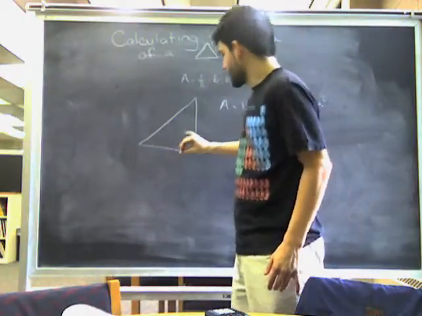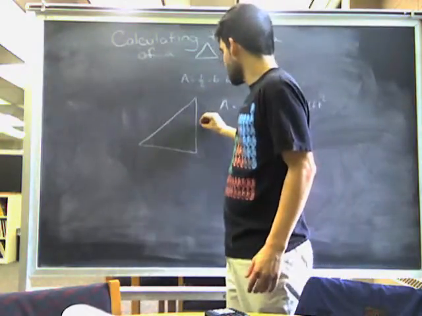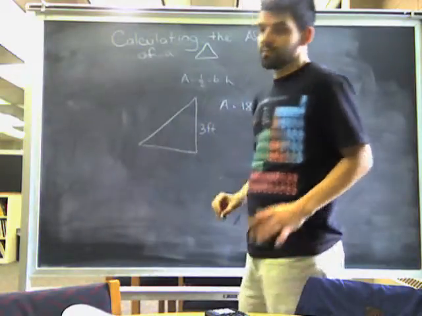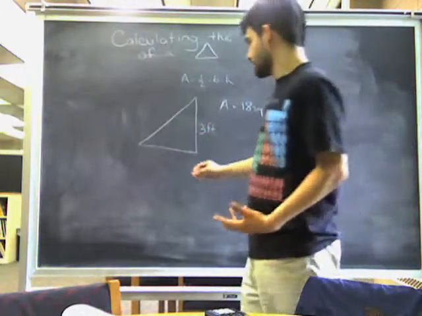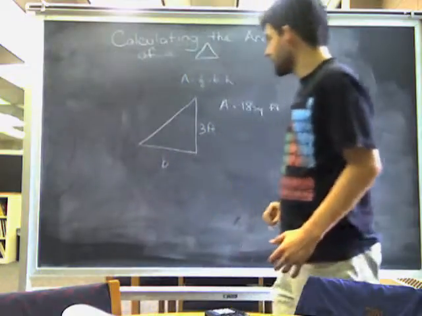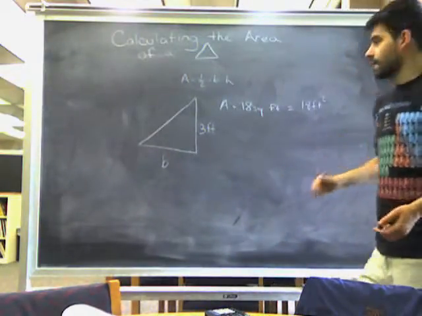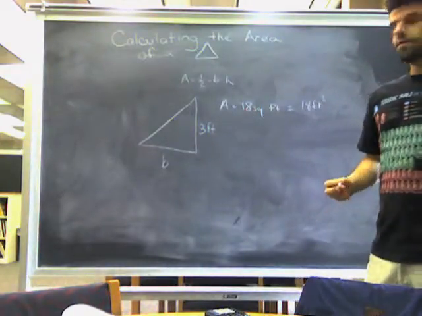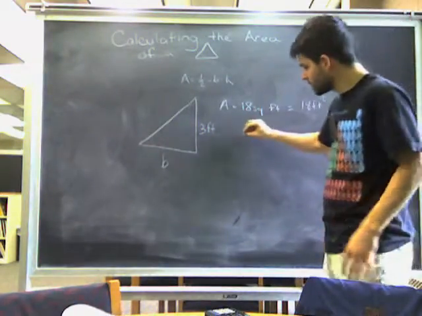And it gives us that it has a height of 3 feet. But it doesn't give us the base, and that's what it wants us to solve for. Believe it or not, you can still use this formula. Just think about it in a different way.